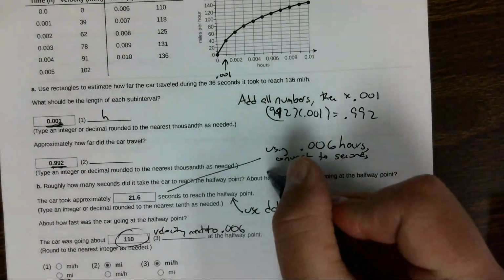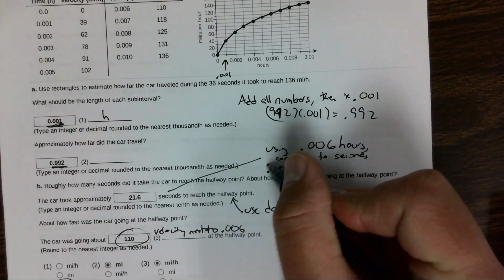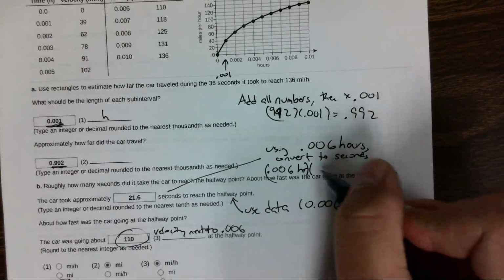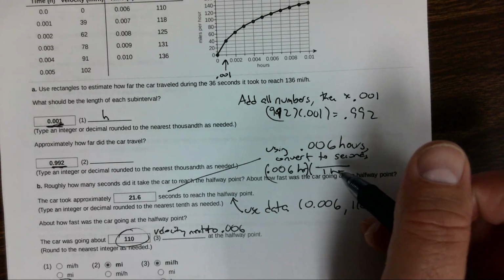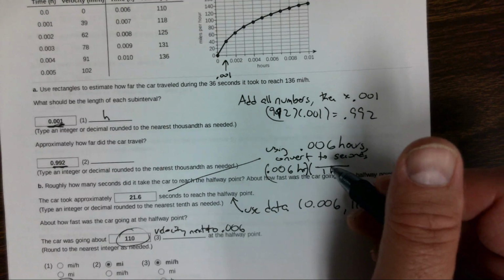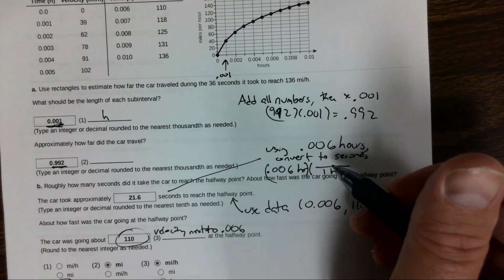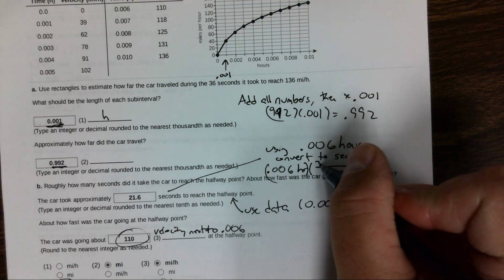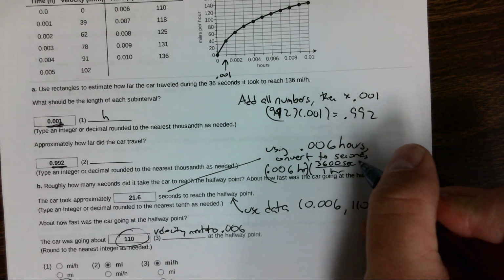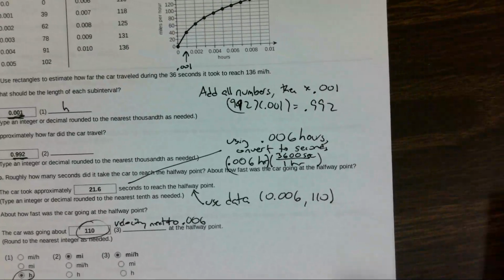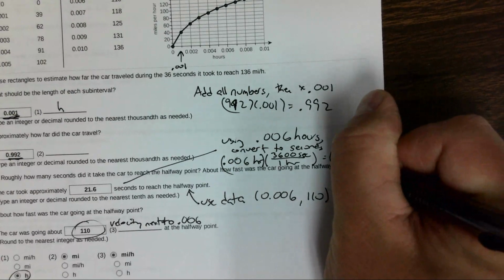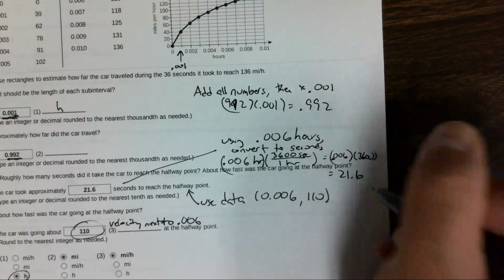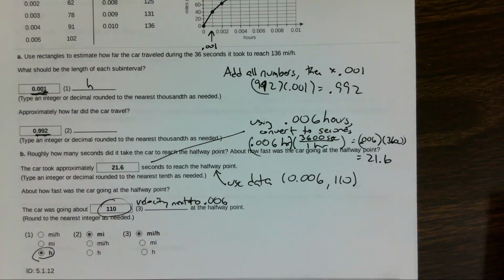And so you'll have 0.006 hours, and 1 hour has 60 minutes, and 60 minutes also would need to be multiplied by 60 seconds in a minute. And so you're always going to get 3,600 seconds. And so basically you're just doing 0.006 times 3,600. And that's always 21.6. So that's how you get that one.